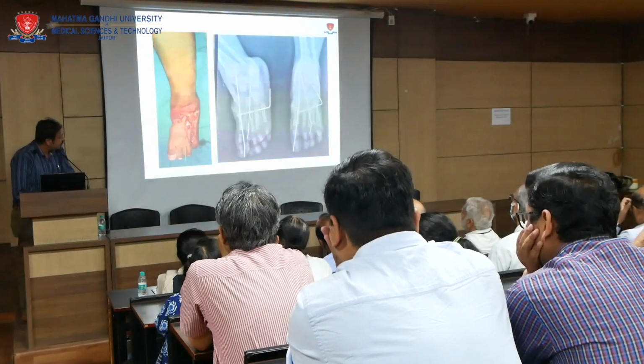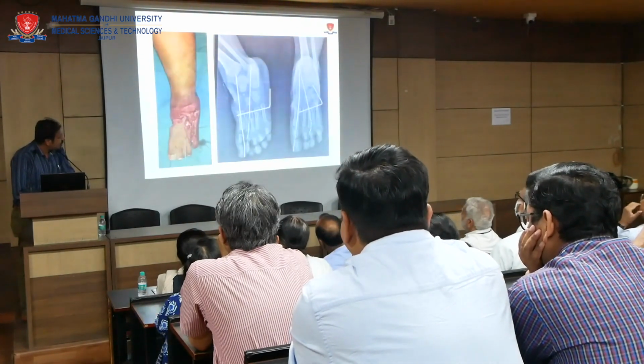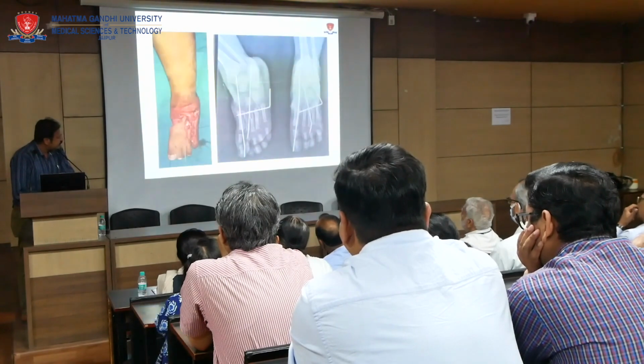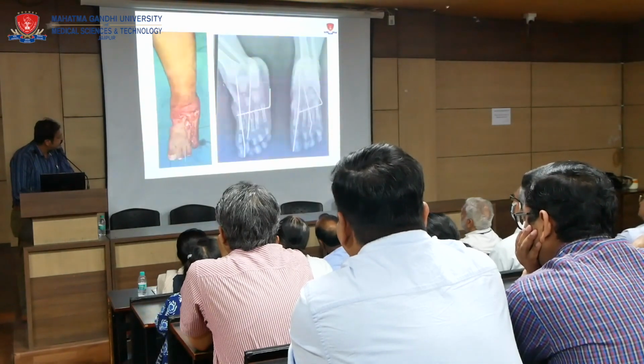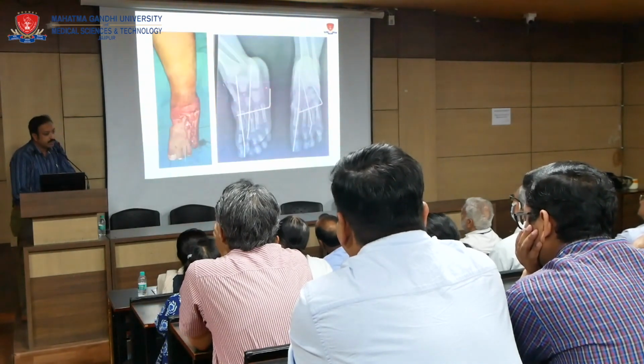So we used a transverse wire through all 5 metatarsals and 2 wires, one through the first metatarsal to the talus and the second through the third metatarsal to the calcaneum.